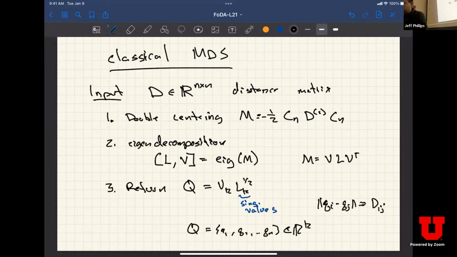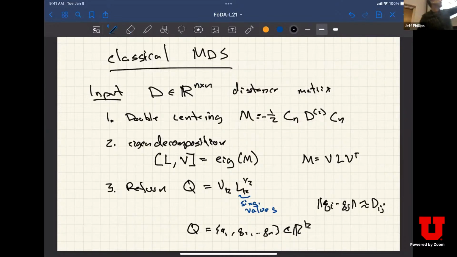This is not an equal sign, this is an approximate sign. It means they're going to be close. It's the best you can do in some sense, which I'm not going to write down because it's a bit convoluted. Okay, so this is the algorithm.